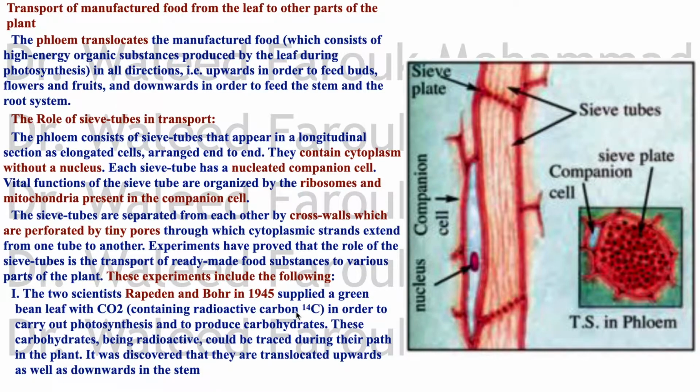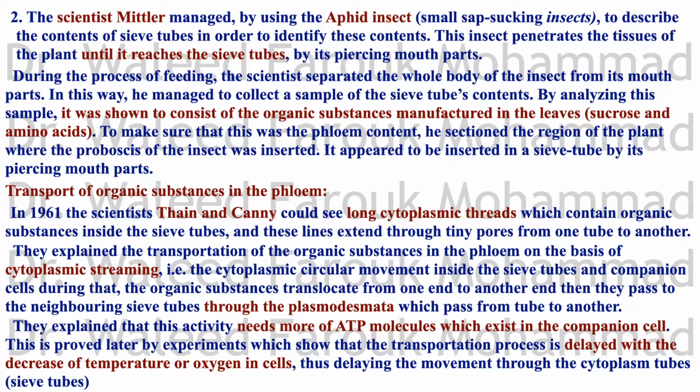As we studied in nutrition, carbon dioxide is responsible for formation of the carbohydrates due to photosynthesis. So the carbohydrates formed will take the carbon from the CO2, which is C14, and we can then trace how this food travels and is distributed. It can be traced during its path in the plant. Okay. What did they discover? That this food was translocated upwards as well as downwards in the stem. That was these two scientists. What else?